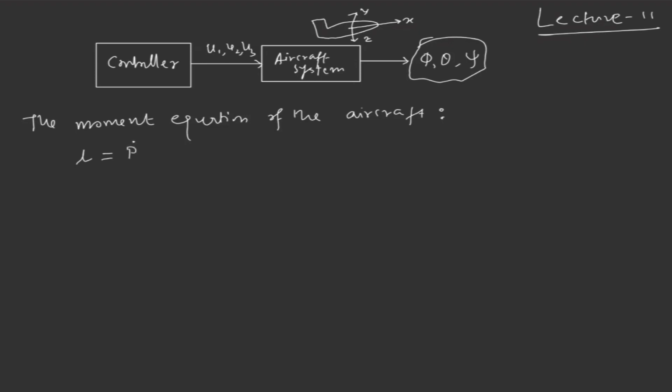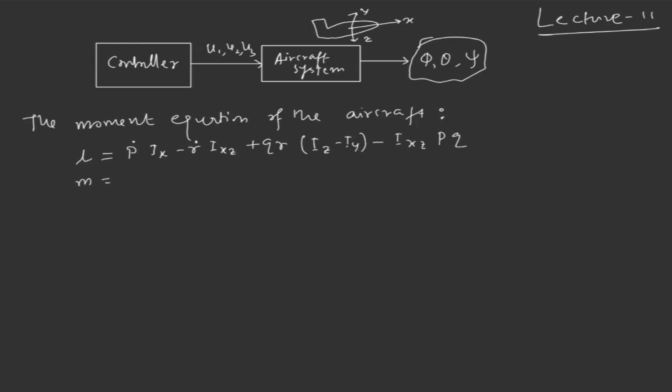So this is p dot Ix minus r dot Ixz plus qr (Iz minus Iy) minus Ixz pq.